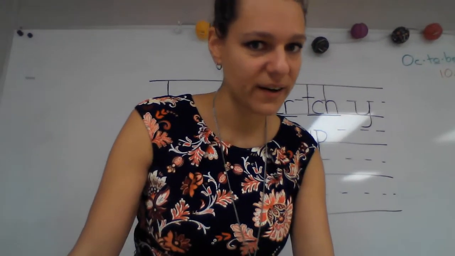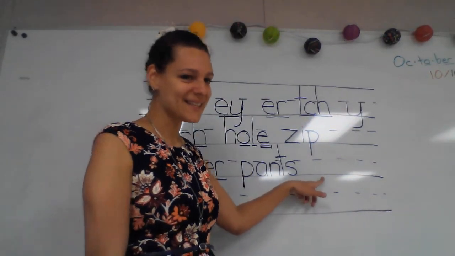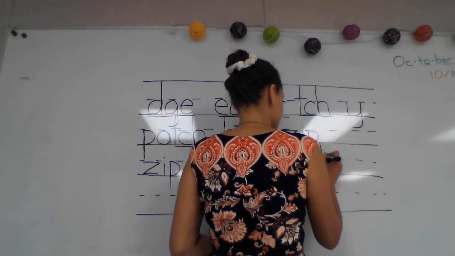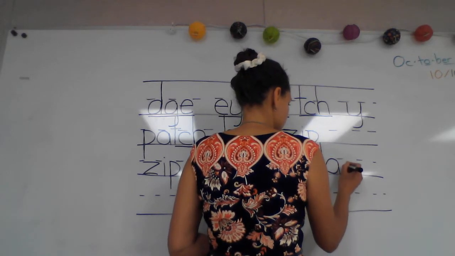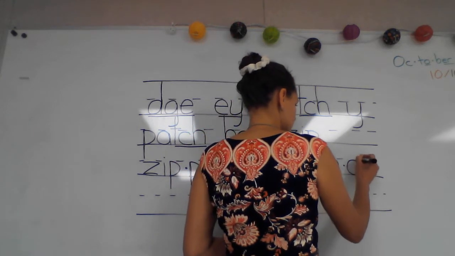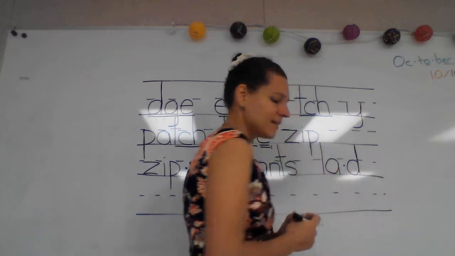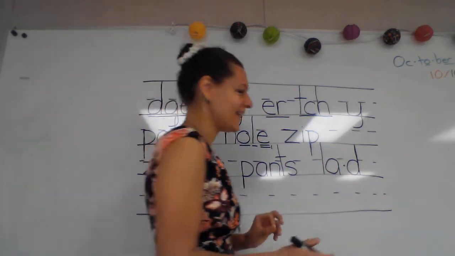All right, class, put your finger under the first phonogram in the word you just wrote. What does it say? Good. O, A. Good. What's next? Good. D. And good. E. Which E is it? Good. Ya, i, e.